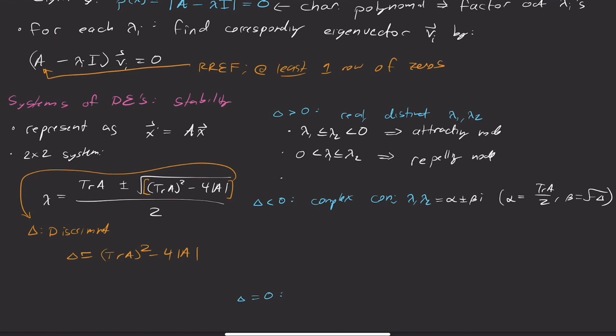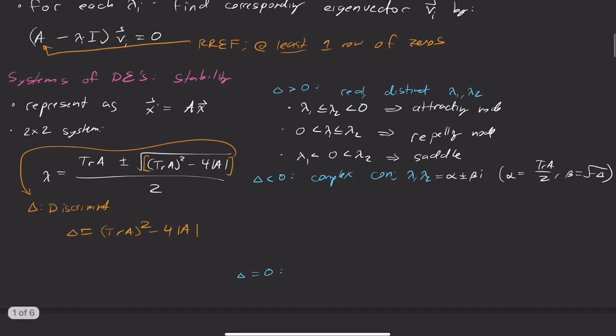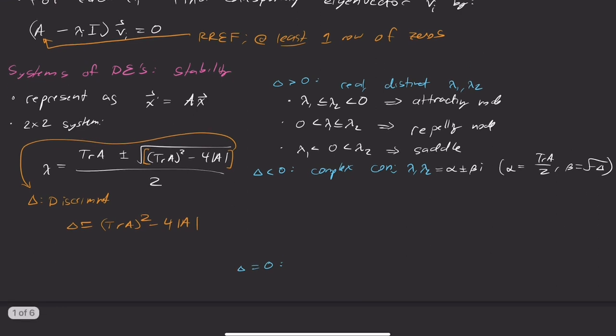And if you have one eigenvalue negative and one positive, then you're going to have a saddle. Here the choice of lambda 1 and lambda 2 is completely arbitrary. As long as the signs are both negative, both positive, or mixed, that's what determines the behavior.